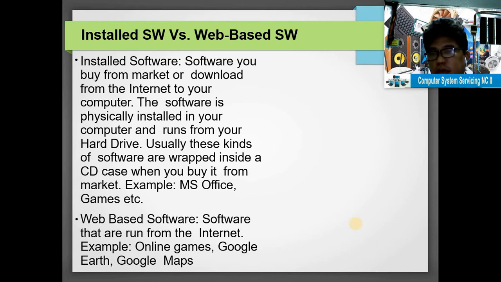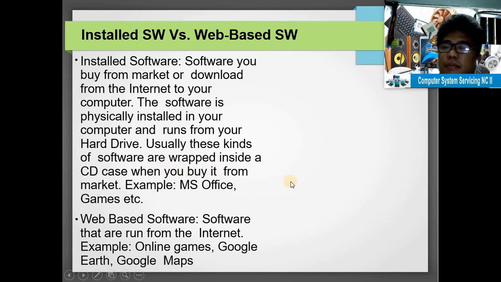Next, installed software versus web-based software. So, let me read this first. Installed software, software you buy from the market or downloaded from the internet to your computer. The software is physically installed in your computer and runs from your hard drive. Usually, these kinds of software are wrapped inside a CD case when you buy it from market.